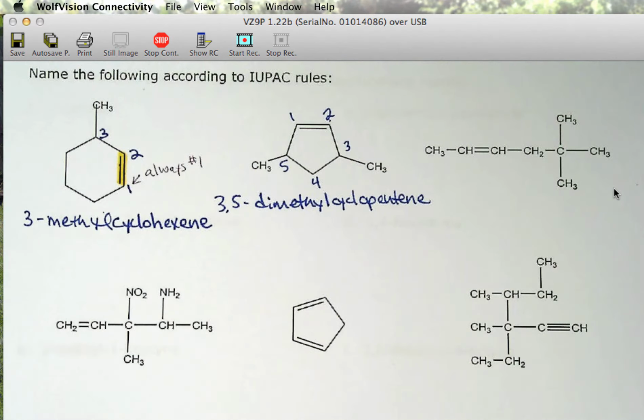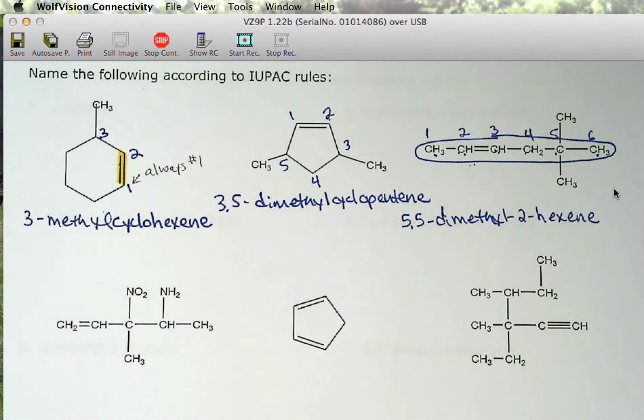So 1, 2, 3, 4, 5, 6, and so it's 5,5-dimethyl-2-hexene. Now that we've been working on cycloalkenes for a while, it's very easy to forget that number when you have just the straight chain alkane or alkene.